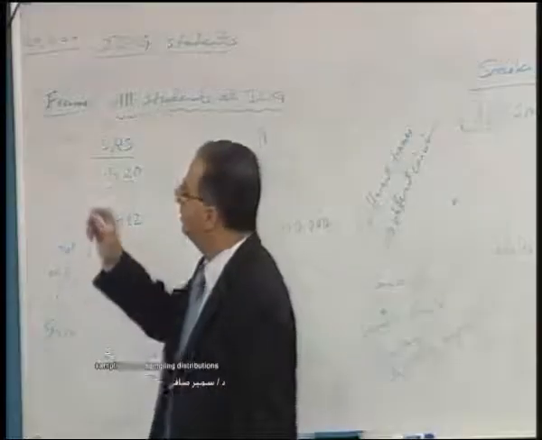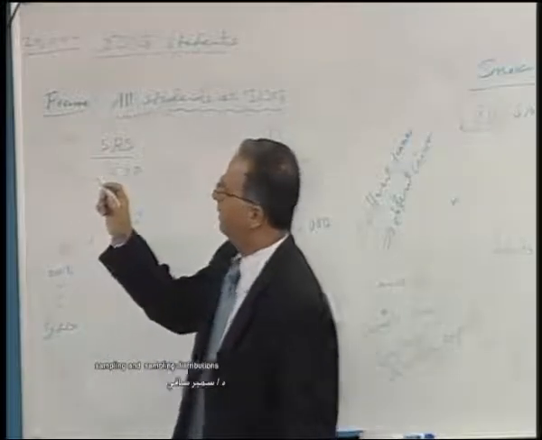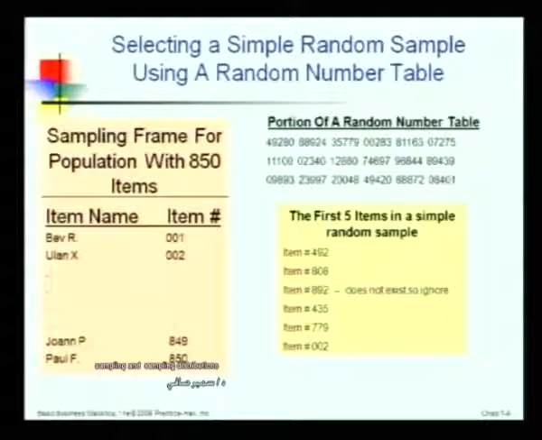It should be selected. Next one, 808, should be selected because the maximum is 850. Now the next one, 892, is not selected. Next item, 435, selected.